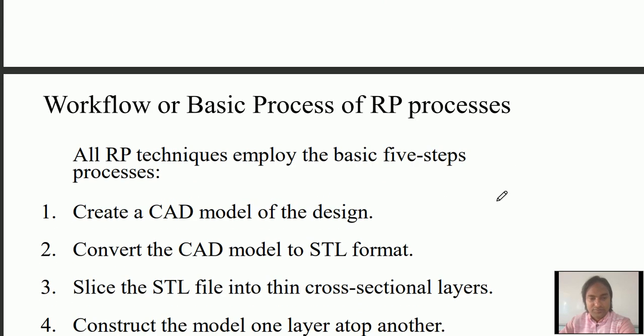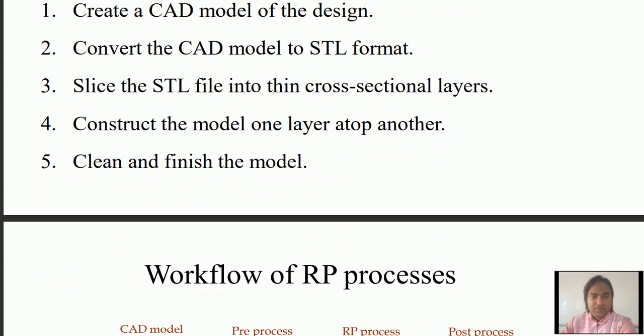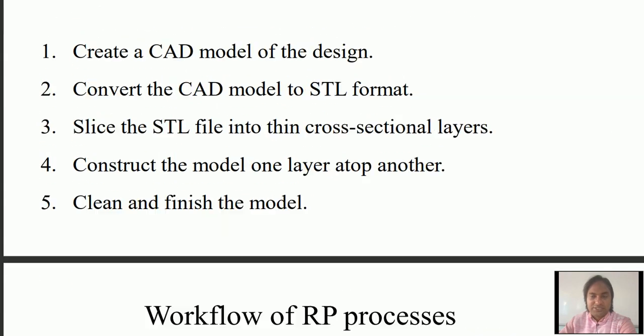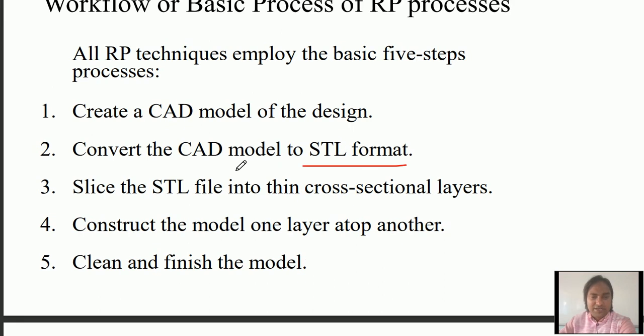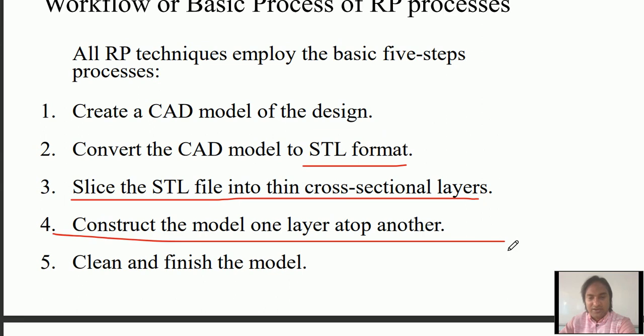Then the software slices the STL file into thin cross-section layers, then constructs the model one layer on top of another, and then cleans and finishes the model. So these are the five steps involved.